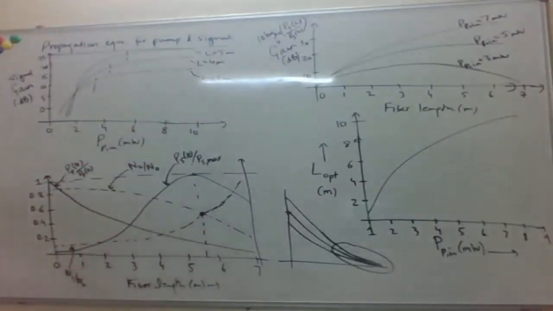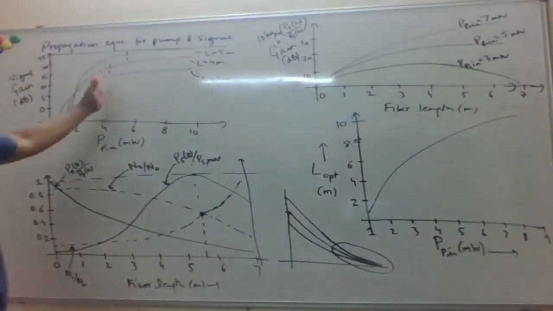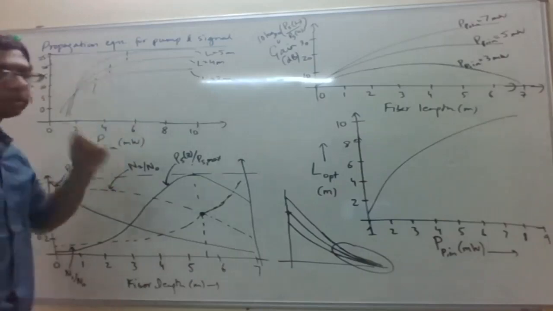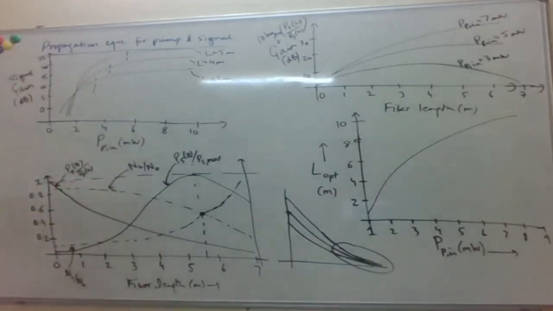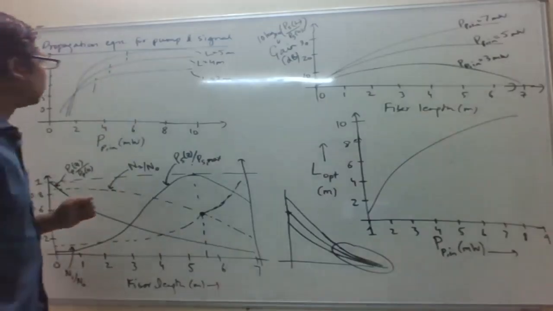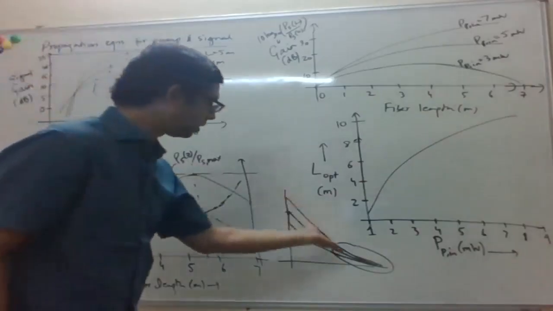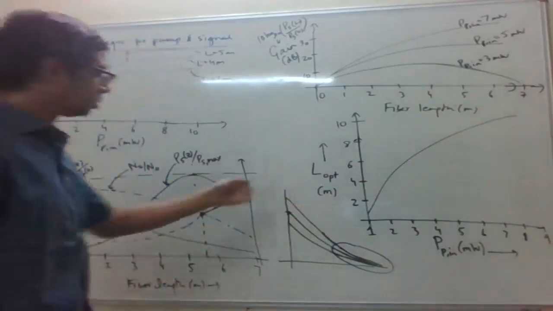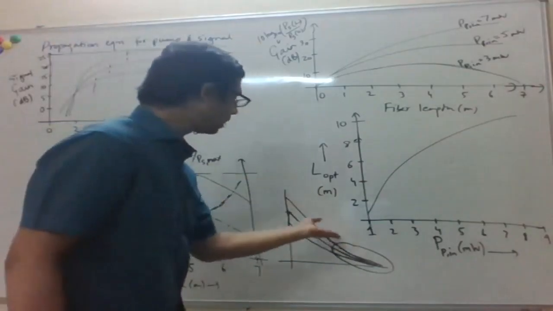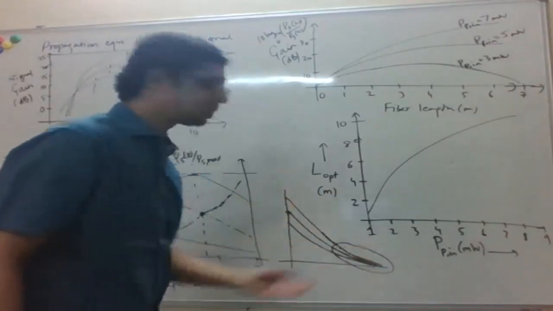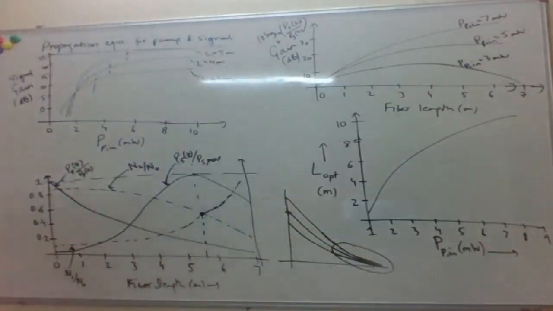Physically, we can explain it this way: beyond a certain pump power, I don't get more population inversion, I already have 100% population inversion. And also, the pump powers decay so fast that, irrespective of my input pump power, the final pump powers are similar.